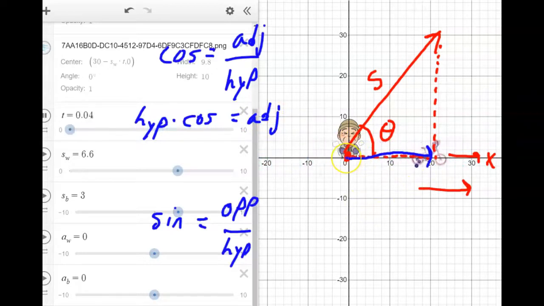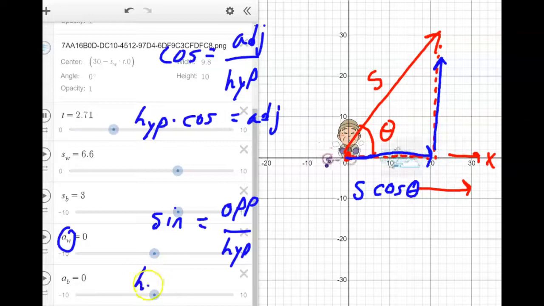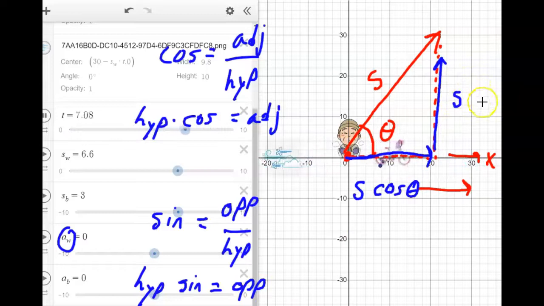That horizontal component of the velocity is going to be the hypotenuse, or the speed, times the cosine of our angle. Usually we use theta for that; in this case we're using AW, and that's fine too. The opposite side is going to be the hypotenuse times the sine of theta, and that's going to be our vertical component because it's opposite the angle. So that's the speed S times the sine of our angle theta.